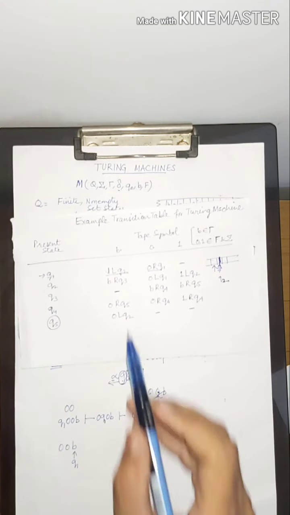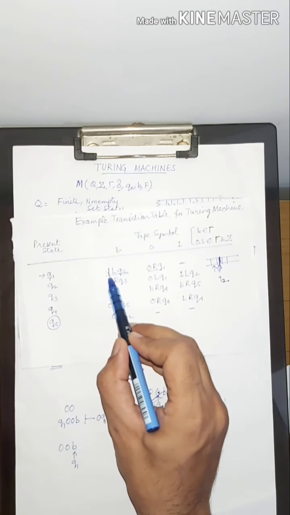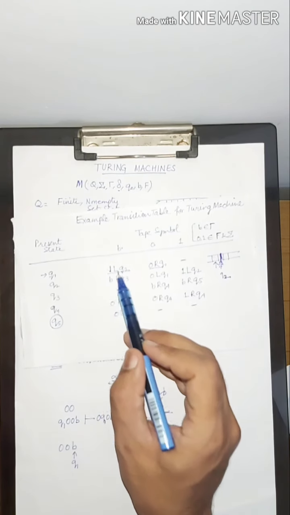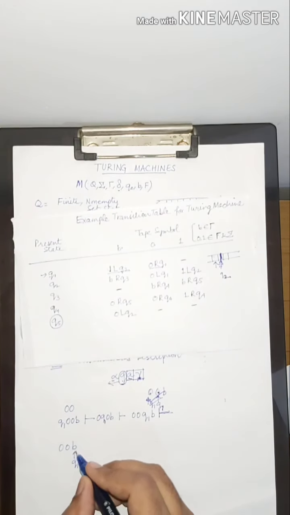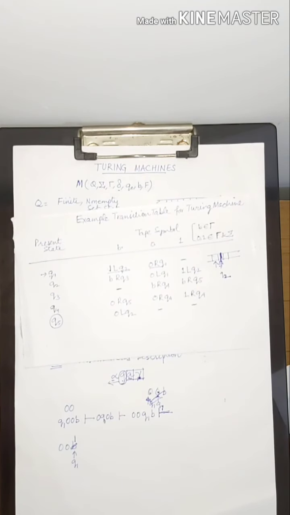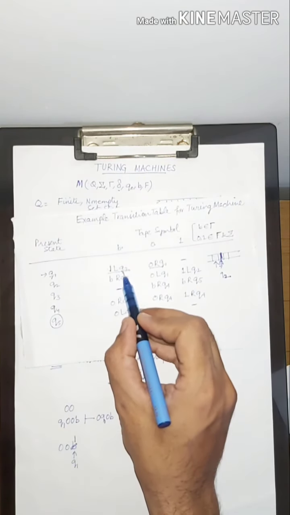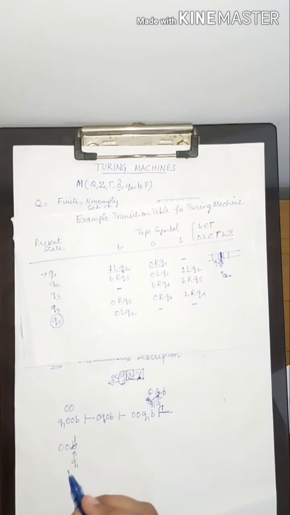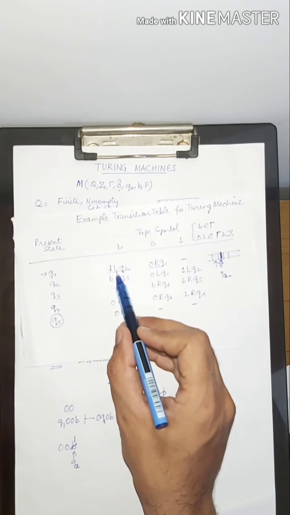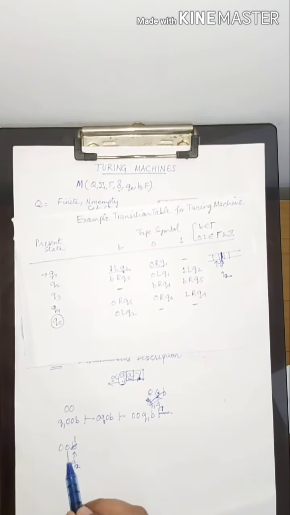So what will happen? The symbol under the tape head will be replaced by 1. And after that the state will change to Q2. So instead of Q1 it will be Q2, and the movement of the head will be to the left.